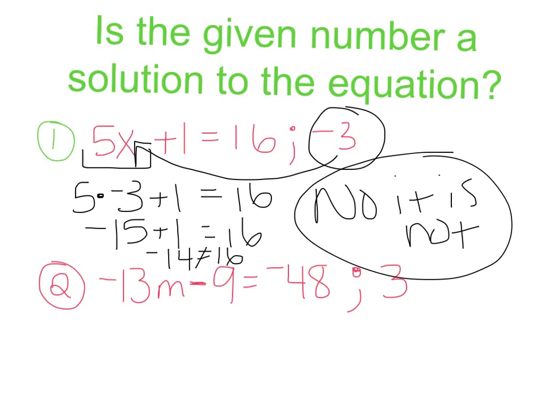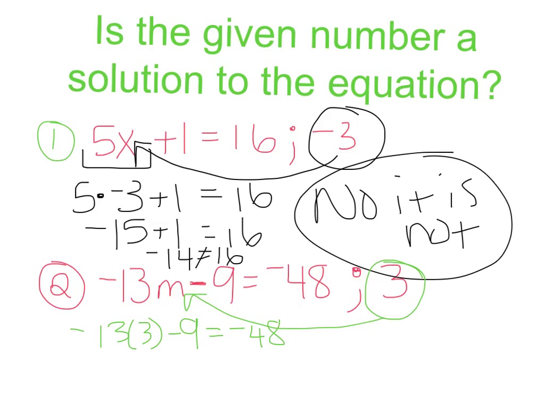Okay, and then for our second one here, we want to figure out if 3 is a solution to this equation. When we plug 3 in for m, will it equal negative 48? So we have negative 13 times 3 minus 9 equals negative 48, or it should if it's going to be a solution.